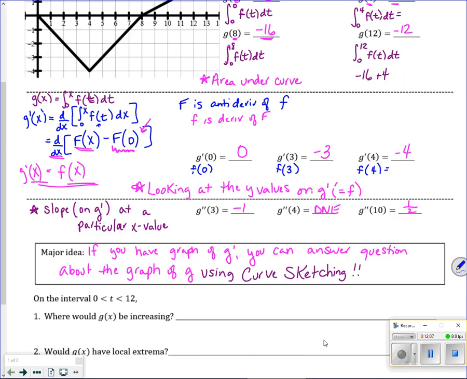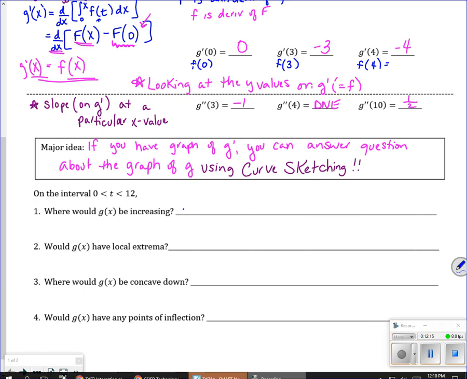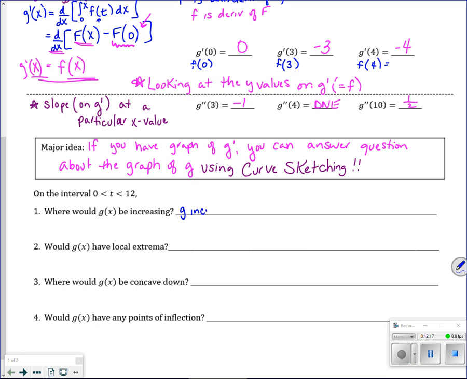Now, there's one thing that you need to star in this. Where would G be increasing? You're going to say G increasing when what? G prime is positive.